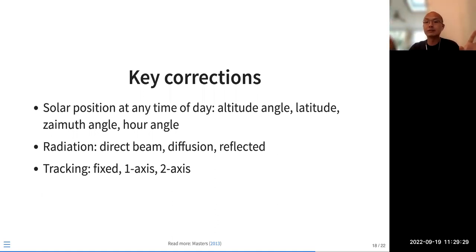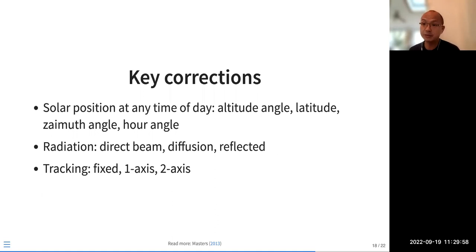Diffuse radiation is when the radiation hits clouds and aerosols and diffuses, and some of it comes to the solar panel, and some is also reflected. That in the end is the total radiation that the panel receives.